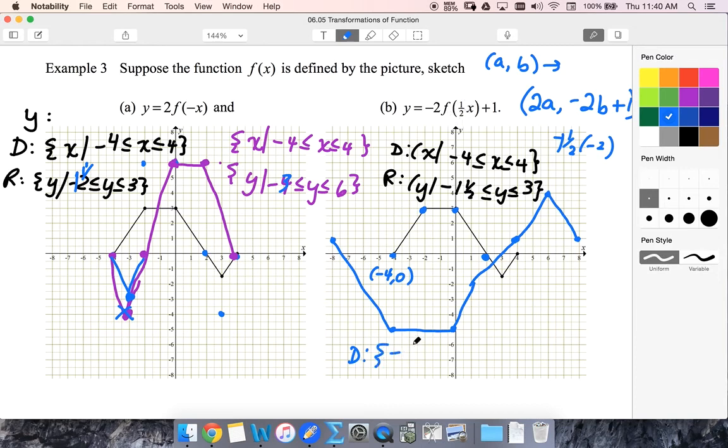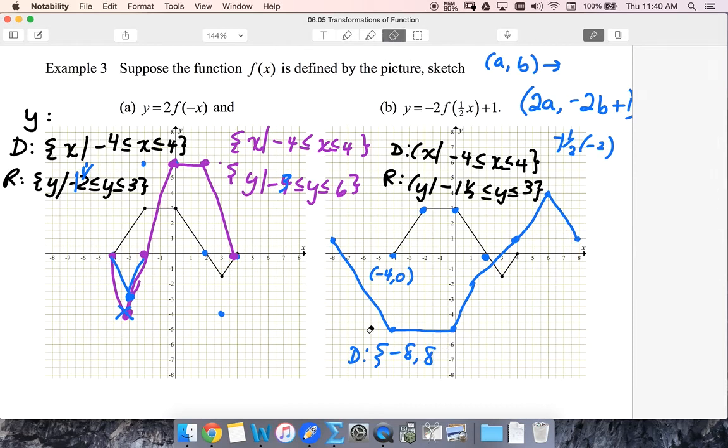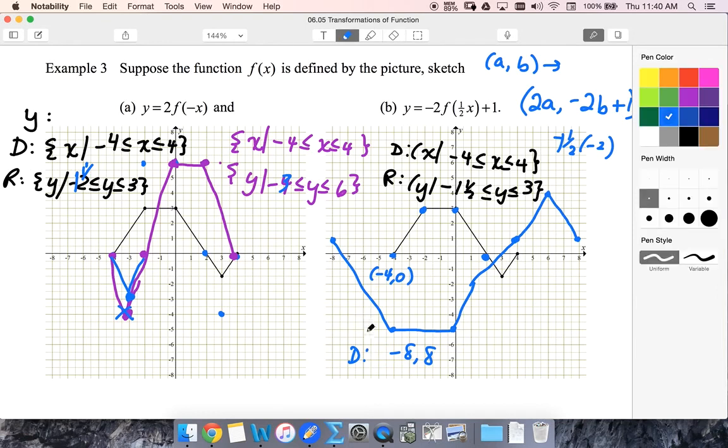That means we should go from -8 to 8, and we do. So let me put this into IB notation here, since I started it that way, -8 to 8. And our range, I should be taking the range, multiplying every number by -2, and then adding 1. So multiply by -2 gives us +3, add 1 gives us 4. Multiply by -2 gives us -6, add 1 gives us -5.